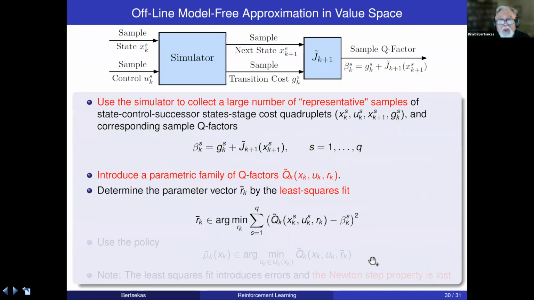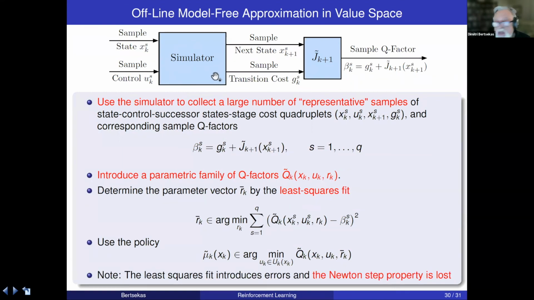So model-free is nice because sometimes it's easier to use a simulator than construct a mathematical model of the system. But there's something to lose in all this. And one of these things is the Newton step performance guarantee, the performance bound, the superlinear performance bound.